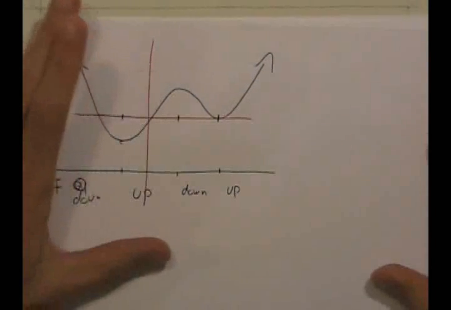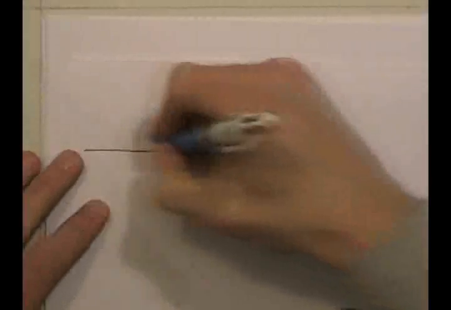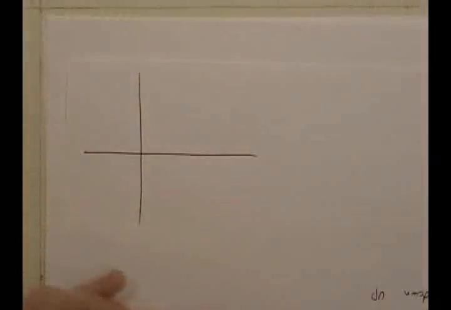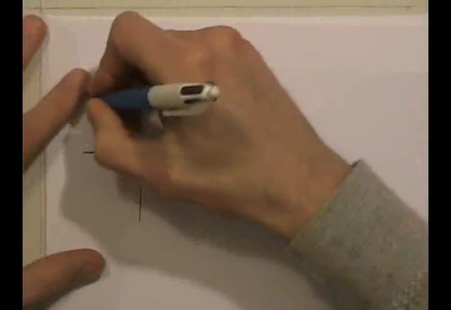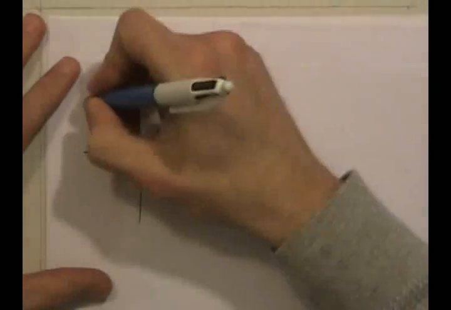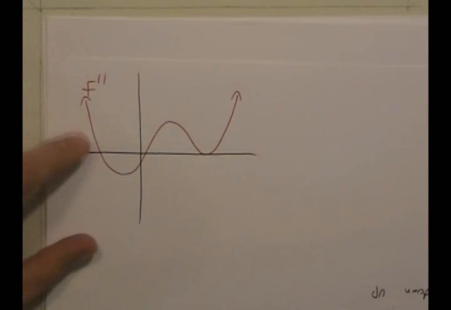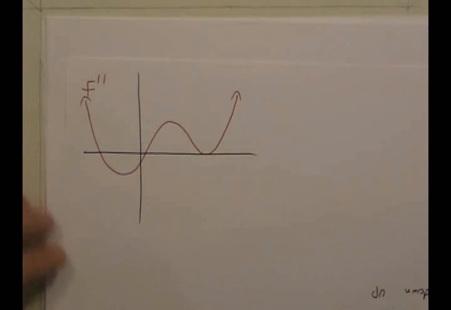If you're given a graph of f prime prime, you're going to look for different things. Draw it out again. If this is f prime prime, now to determine the concavity of f, we're concerned about the sign of this only, just the sign.